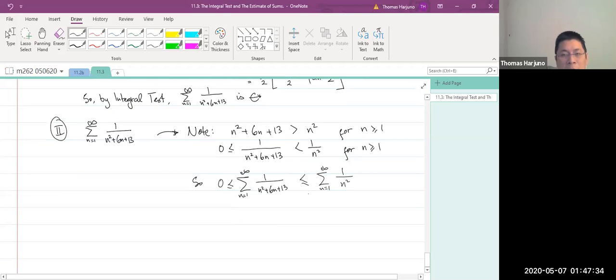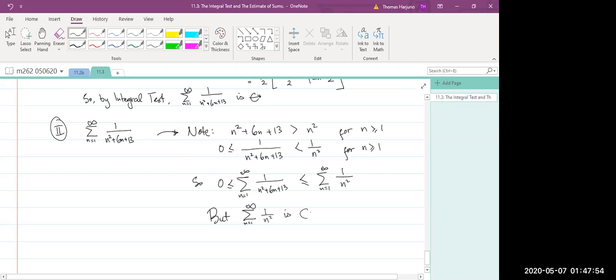Now notice that the series of 1 over n squared is convergent or divergent? Convergent.